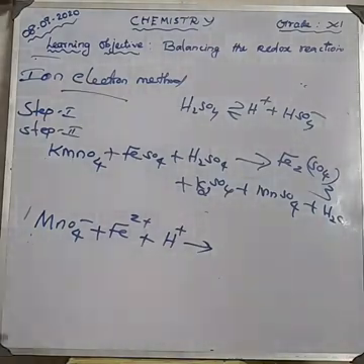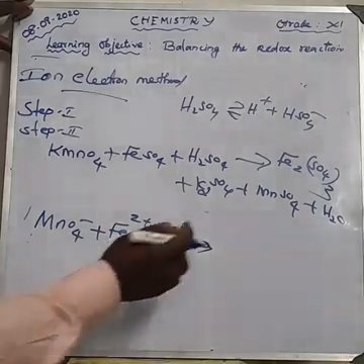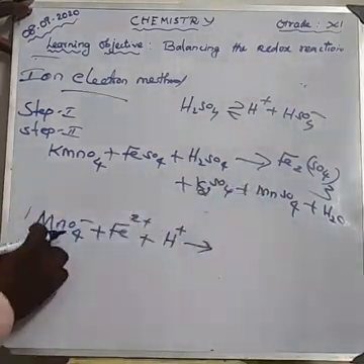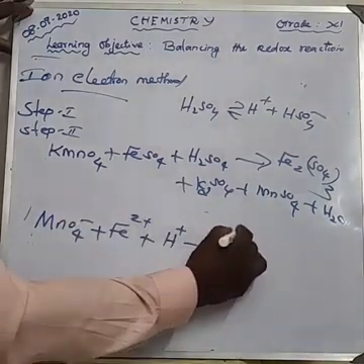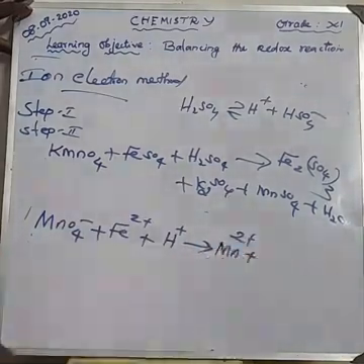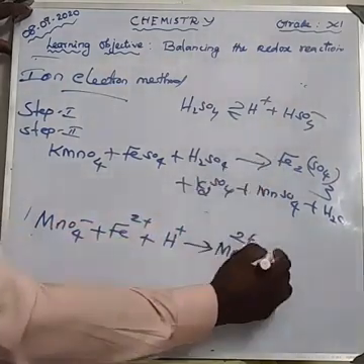This is the first half reaction. What is the second half reaction? We are taking Mn, Fe3 and water. We are not taking the remaining ions. Mn2 plus. Next, Fe3 plus.